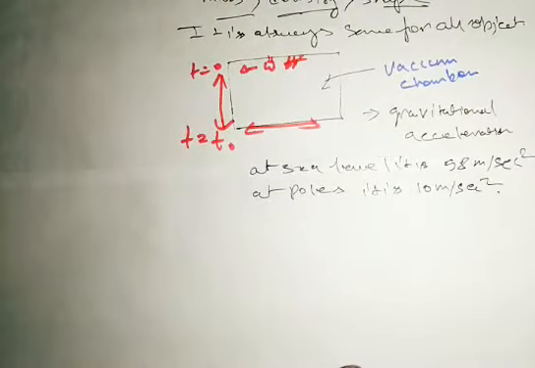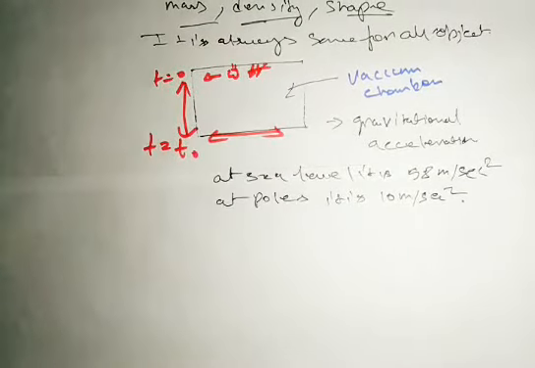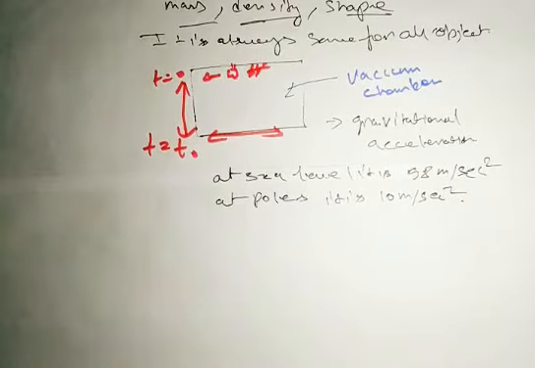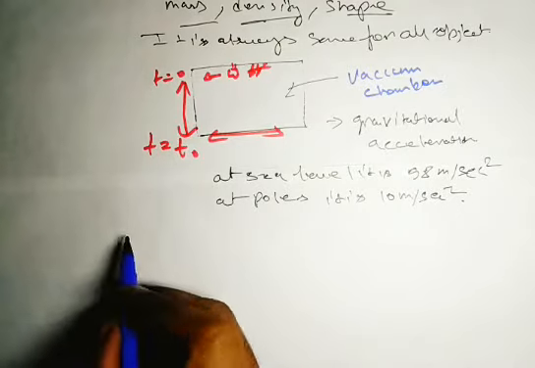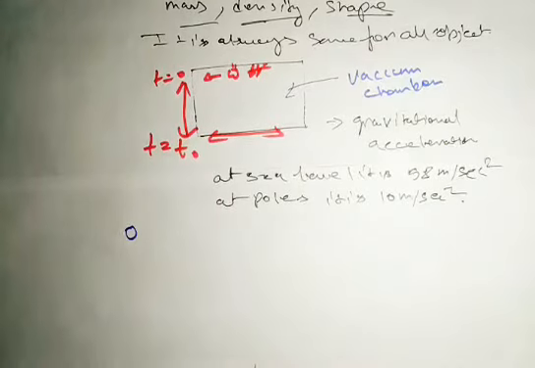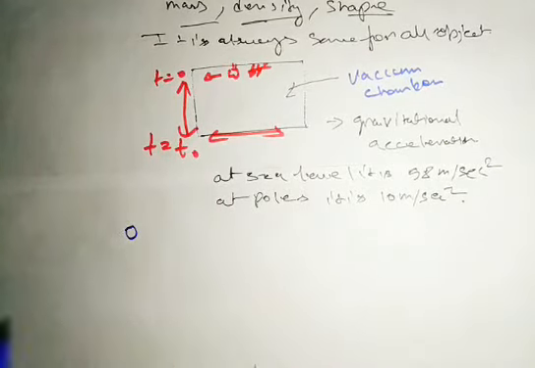So this is all the basics of free fall, and let us take an example to understand the concept of free fall acceleration. Let us take an object like a ball, and let us take it on an axis.